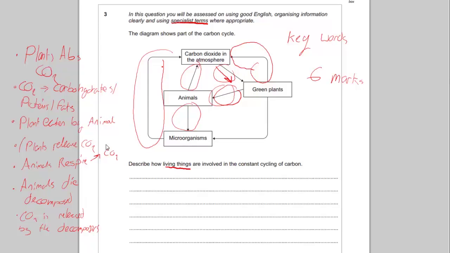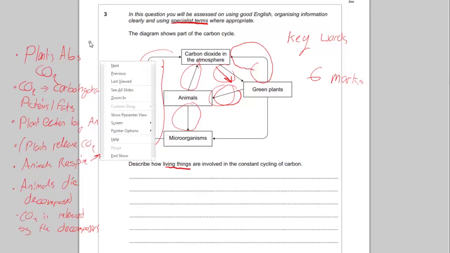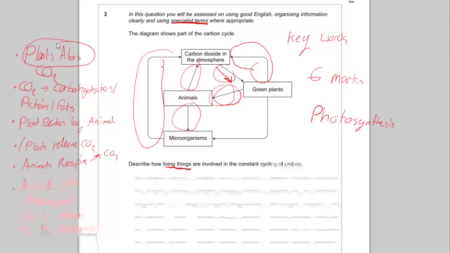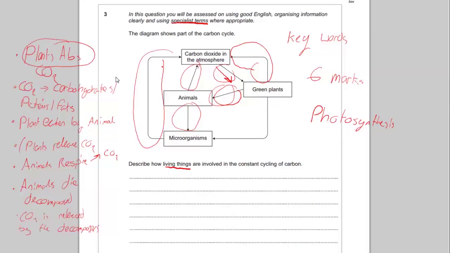But putting this is not enough. You need to be putting down the key information, keywords. So these keywords would be, for example, photosynthesis. In this step, when a plant absorbs CO2, that's photosynthesis.